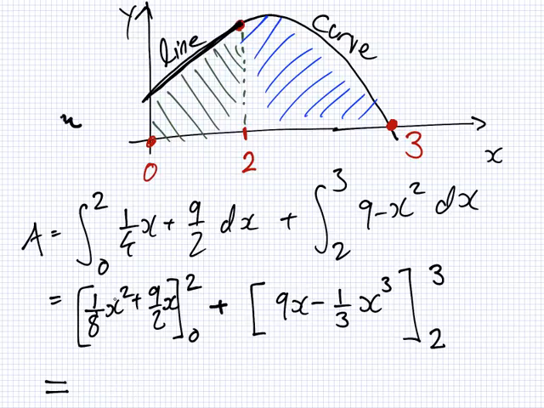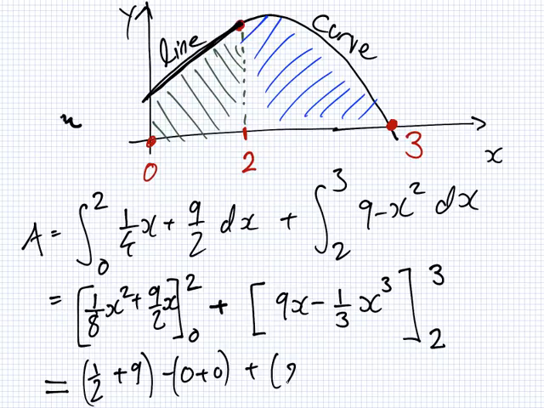So if I put in 2, that's a half, plus 9, minus 0, plus 0. Then if I put in 3, I get 27 and 9, minus.